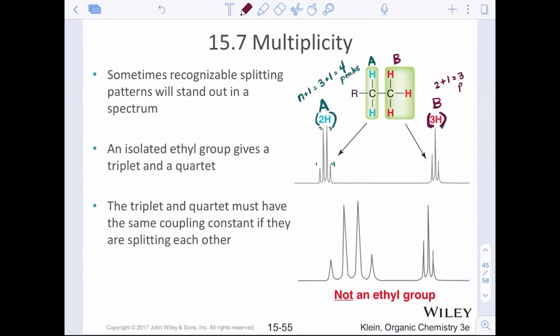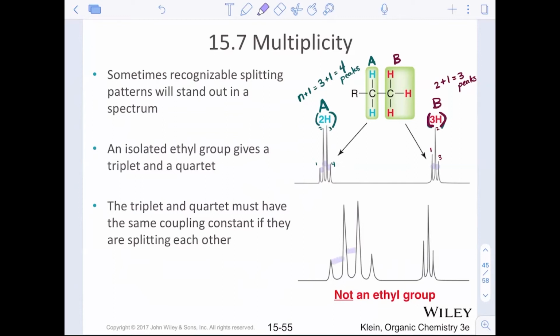So that would be 3 peaks. 1, 2, 3. Beautiful. Now, what's really important to note here, simple splitting, notice the distance between these peaks is the same as the distance between the other set of peaks. This splitting pattern, not only do the peaks match up to the n+1 rule for being the correct number of neighbors, but the distance between those split peaks is also the same.